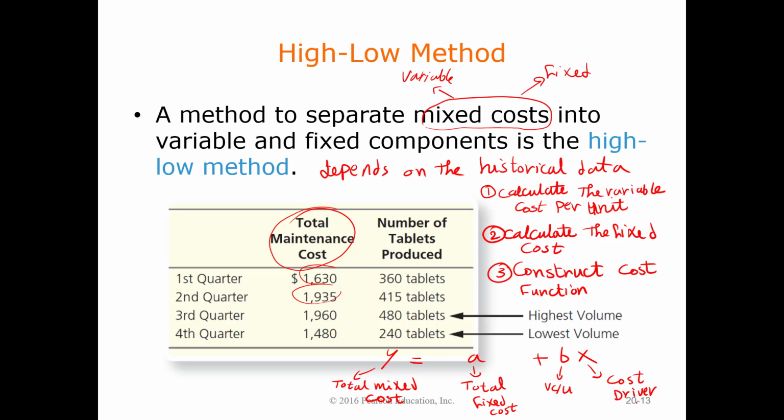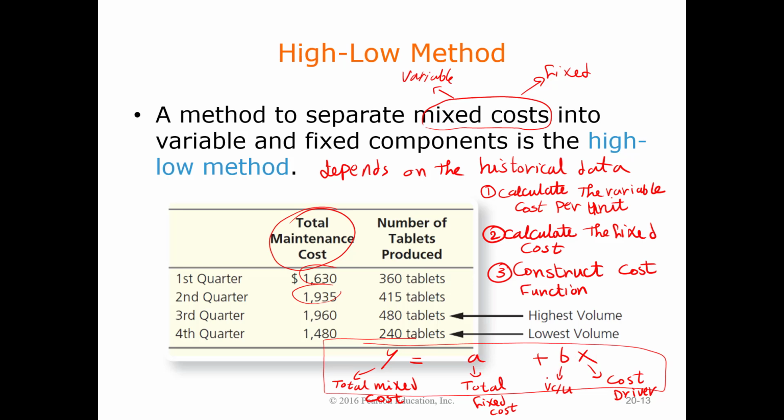In this case, and up till now, we are saying that the number of units or the volume is the cost driver. So my main aim here is to find out, to construct a cost function like that. So whenever I would like to know the estimated cost of a specific level of activity, I will substitute by this level of activity on X.